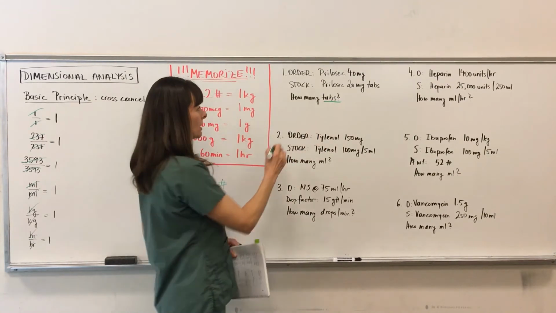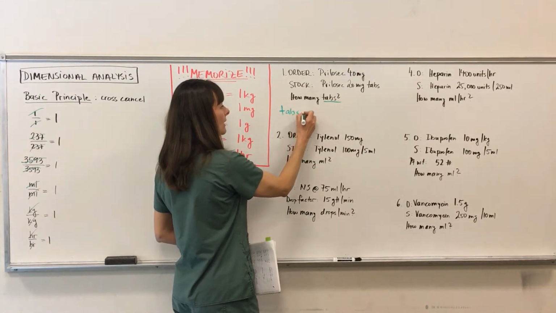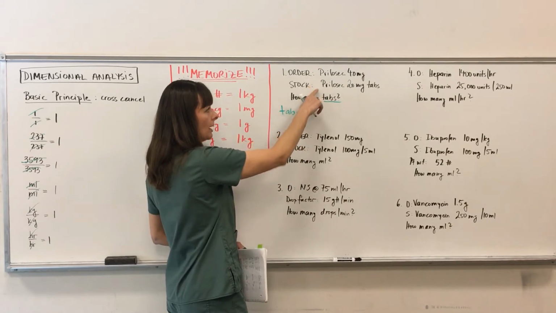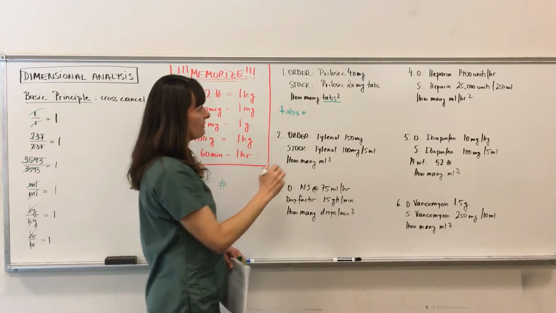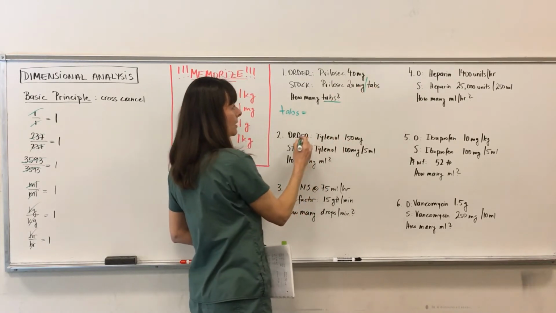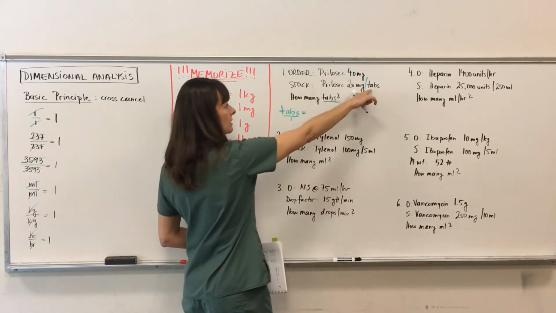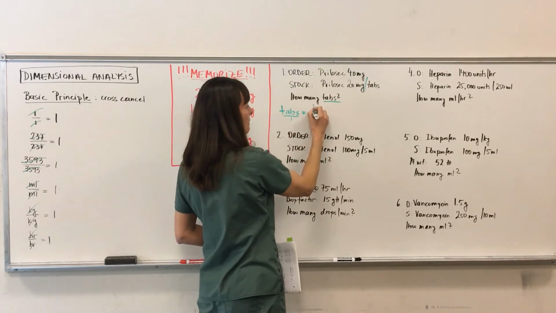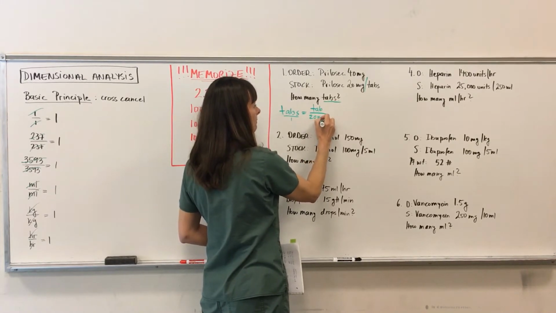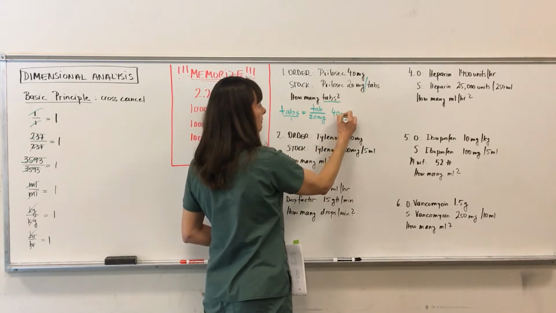So we always start by writing out what we are looking for. Tabs, and then equals. So then we look into our math problem, what we have given. So we have 20 milligrams, and this really should be per tab. Because these tabs could really be tabs over 1, I want the tabs on the top. So we have tab by 20 milligram, and then we have our 40 milligram supply here.